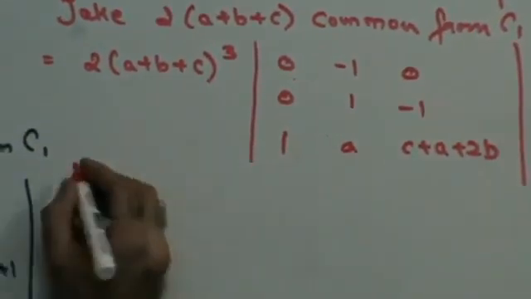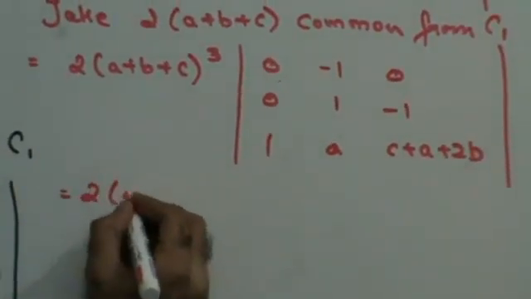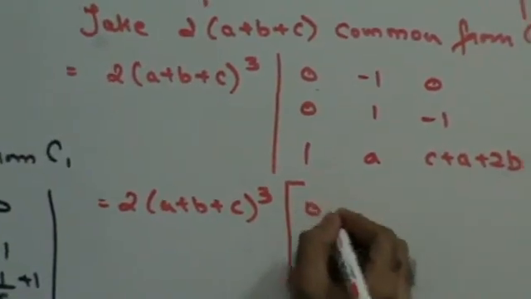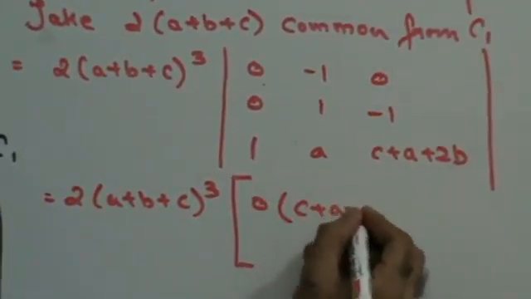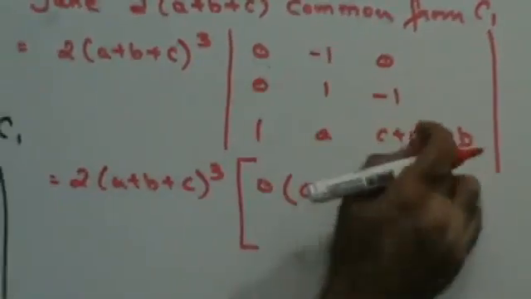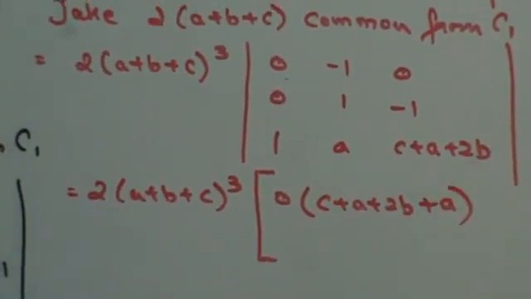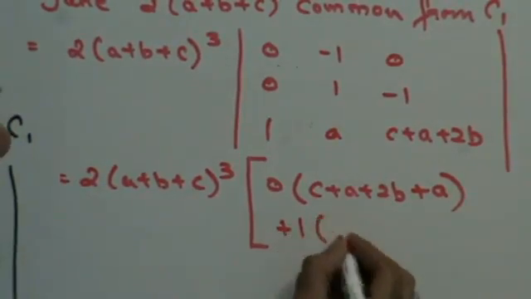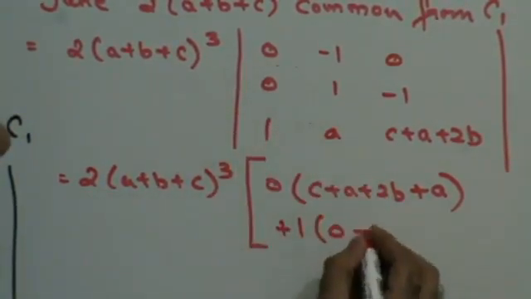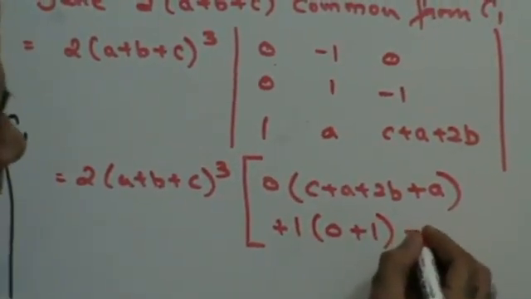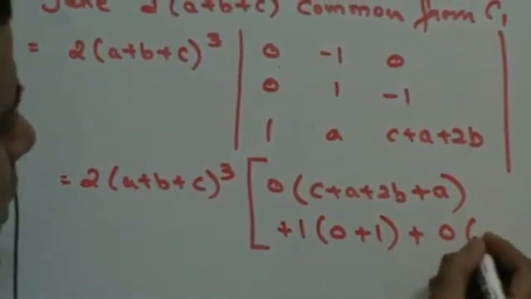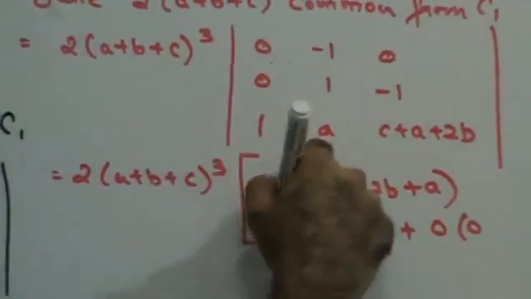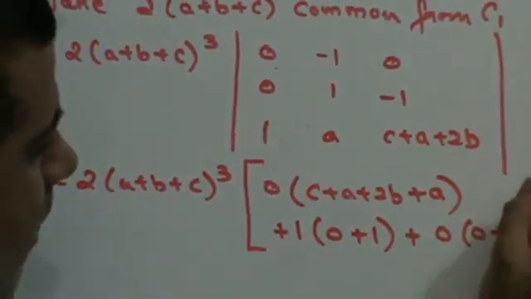If I solve the determinant, this is going to be twice a plus b plus c the whole cube, 0, c plus a plus 2b, principal diagonal minus the other diagonal, minus of minus 1 plus 1, 0 minus into minus plus 1 plus 0, anything multiplied by 0 is 0, 0 into a minus 1.